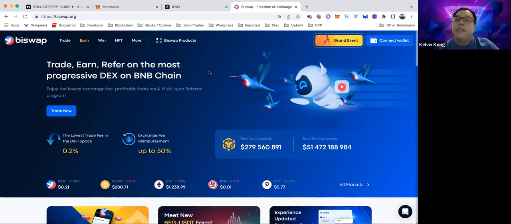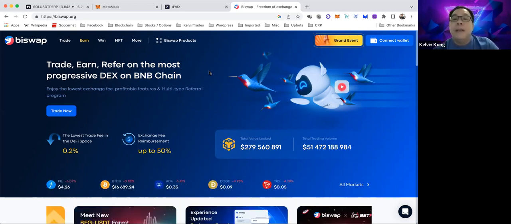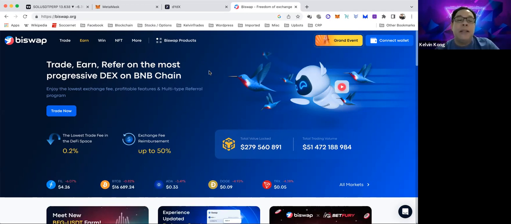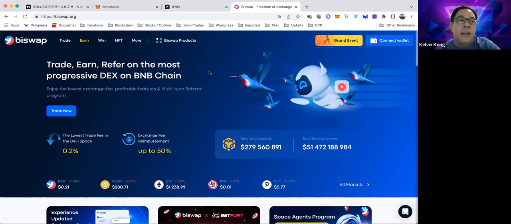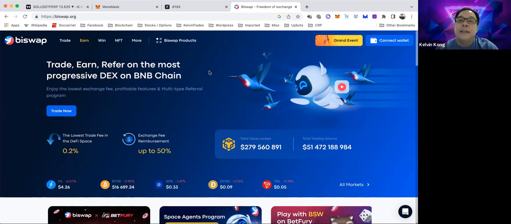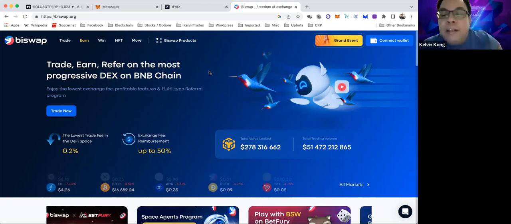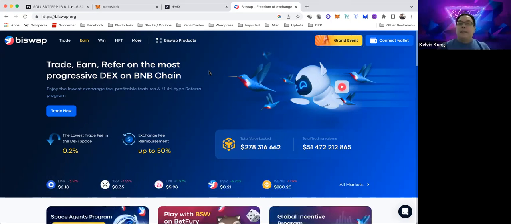So if you can catch a gem before it is launched on, let's say, Binance, imagine once it is launched on Binance, how many times will it appreciate? It's just like when you guys were playing newly listed coins in FTX. Normally, once a coin is listed on an exchange, it will just boom, go up.